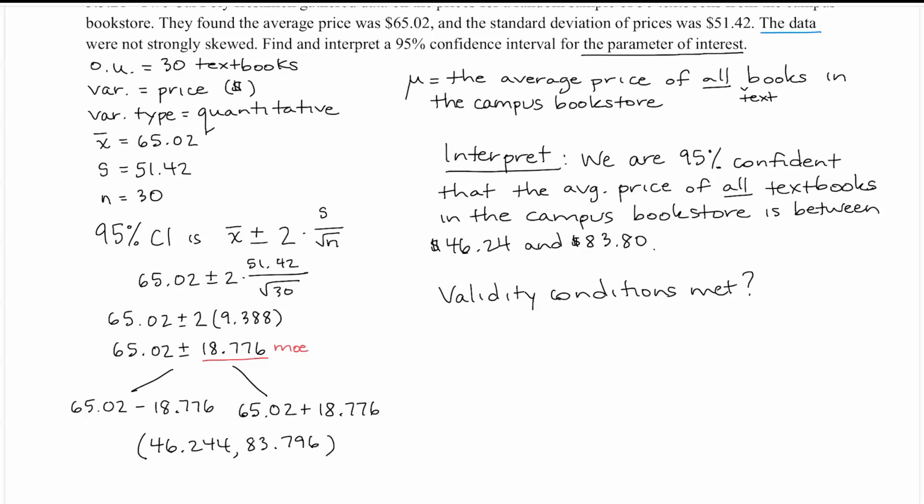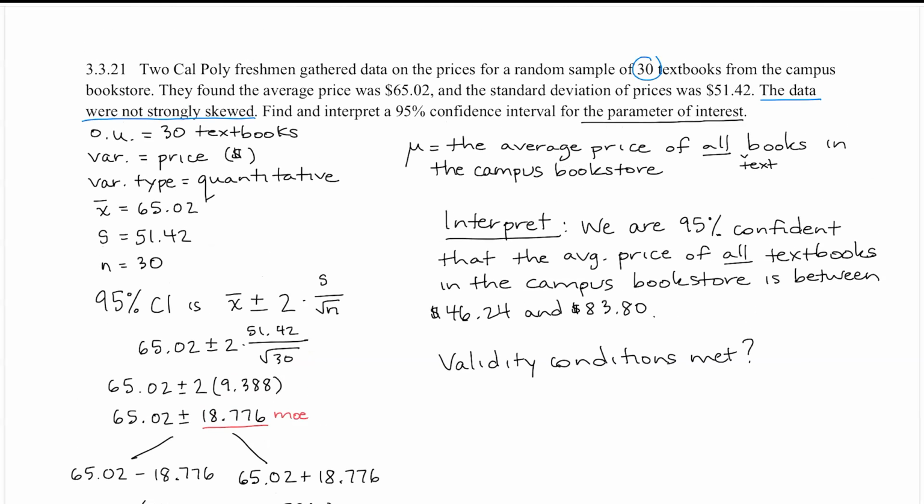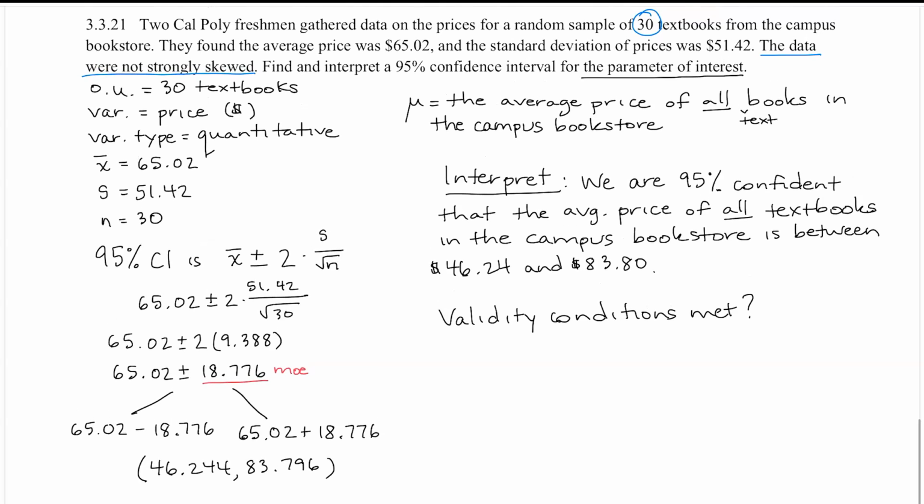Okay, we can also potentially do a theory-based method. In this case, we were told the data was not strongly skewed, and we had a sample size of 30, which is more than 20. So the answer is yes.